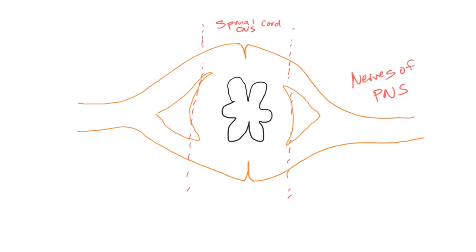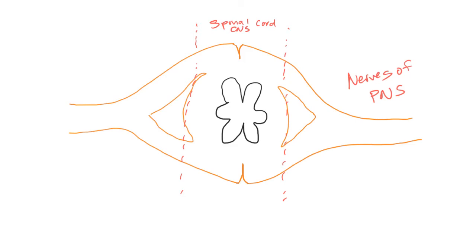And the way this is oriented, we have our dorsal/posterior end oriented on the top, and our ventral/anterior end at the bottom.